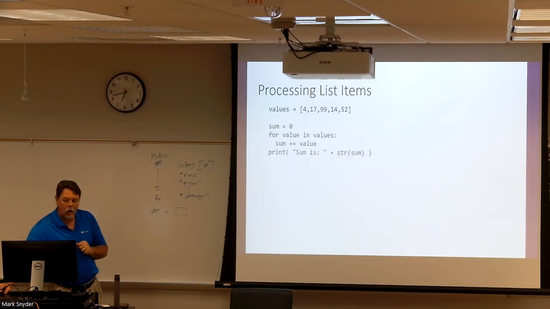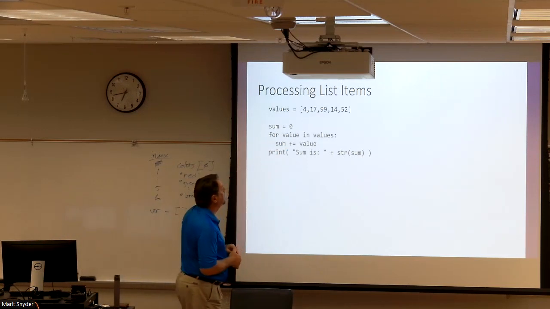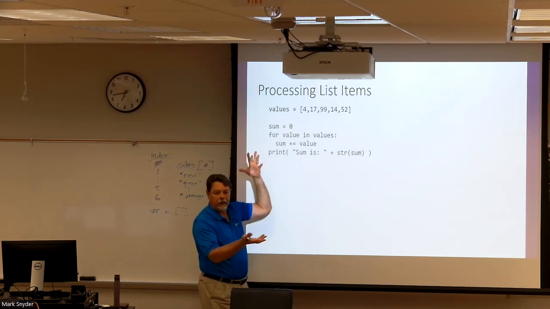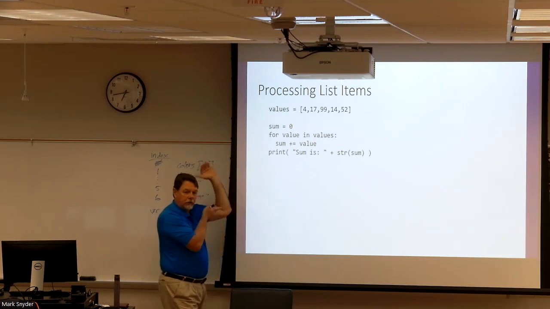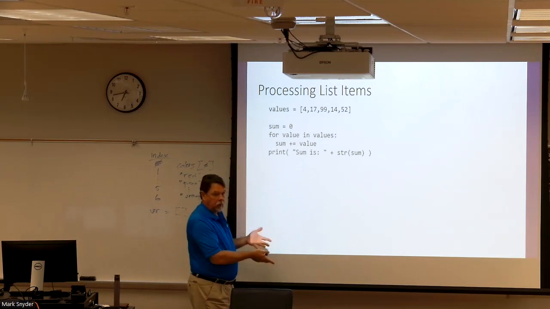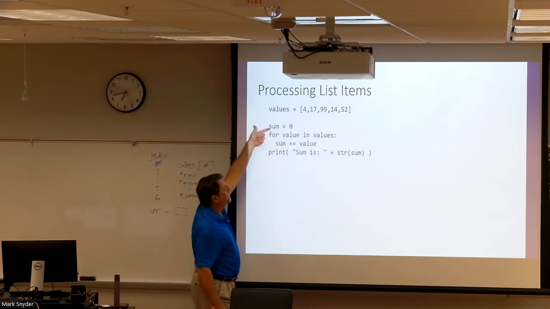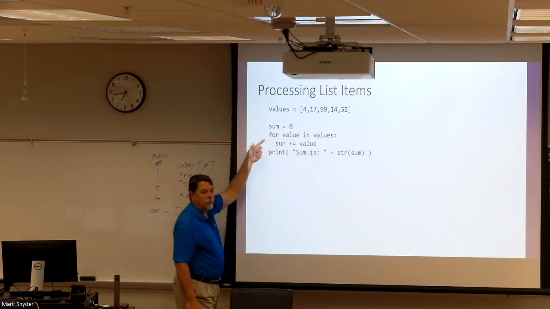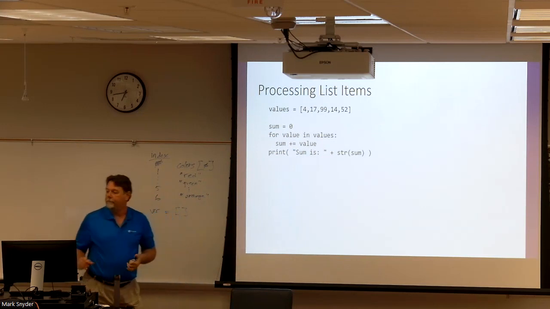If I want to add up all of the numbers in a list, they're all integers here, and here I'm creating a pre-populated list, but I could very easily replace that line of code with the program from the previous slide and get a bunch of numbers from the user. So this is basically looping through all of the values and adding them up, and then printing the sum when we get done, right?